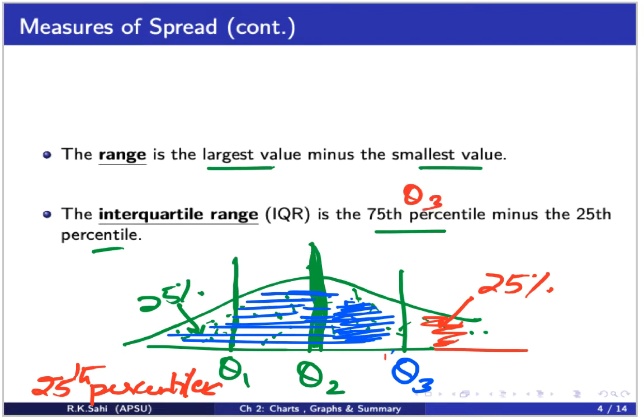So you see these black lines which I'm making, this is called the interquartile range. So IQR is, guys, in between Q1 and Q3. Okay, now let's look at some examples.